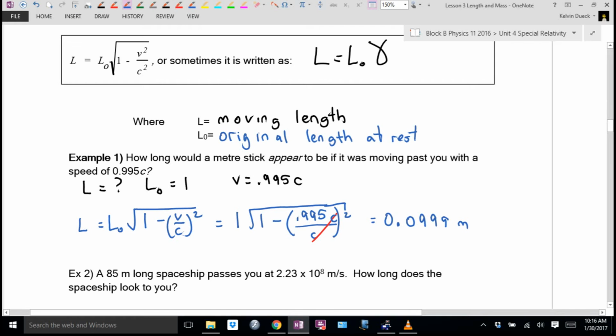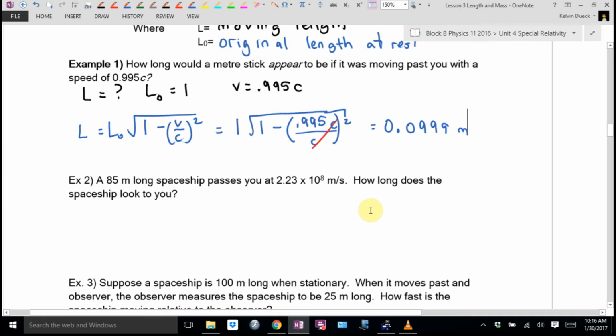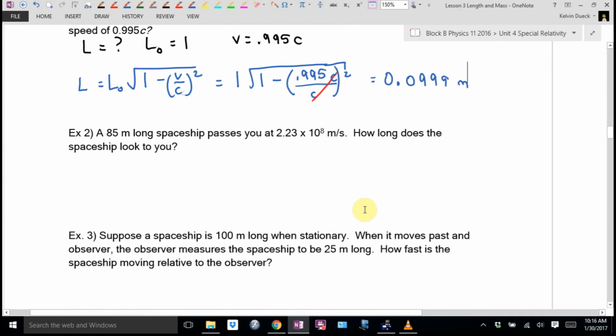That's about 10 centimeters, though. You would see the meter stick about that long, even though on board the spaceship, they would see the meter stick as a meter stick. Wow. Suppose we build a spaceship that's 85 meters long, and it passes you at 2.23 times 10 to the 8th meters per second.